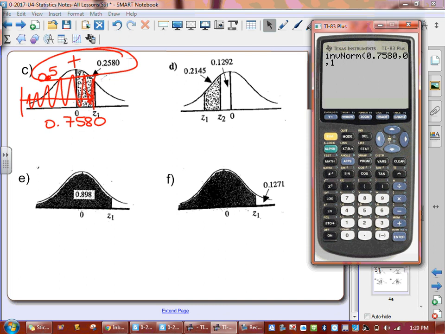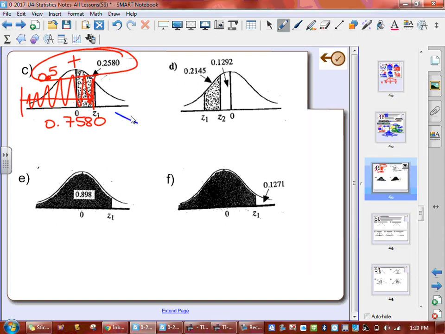Okay, does everybody have that typed in correctly? We should now get 0.7 something. That's going to round up to 70. You always go to 2 decimal places, but this one's going to give us 70. So, we know that this z-score right there is at 0.70. Yes, we show the 0 at the end because they want 2 decimal places for a z-score. Okay, so that z-score there, z1 is 0.70.